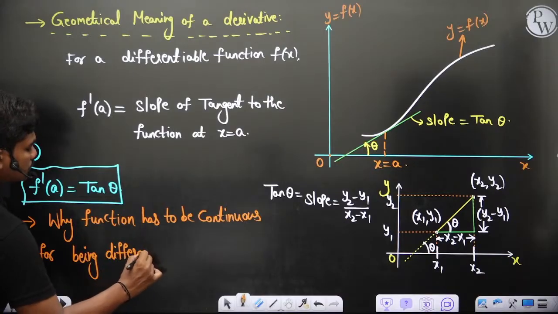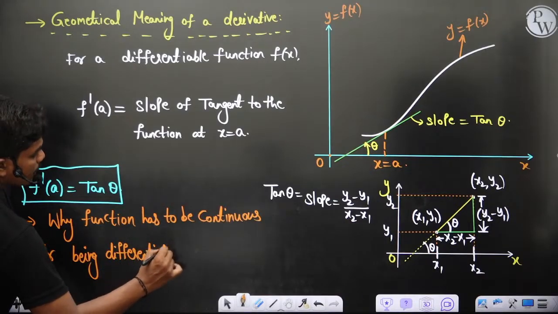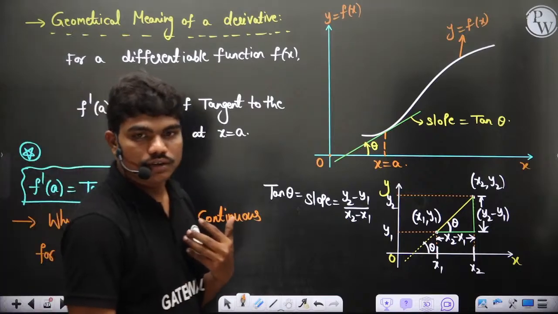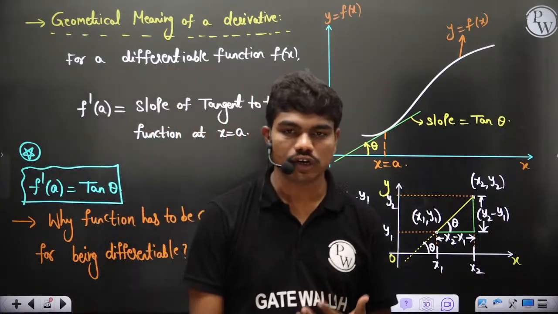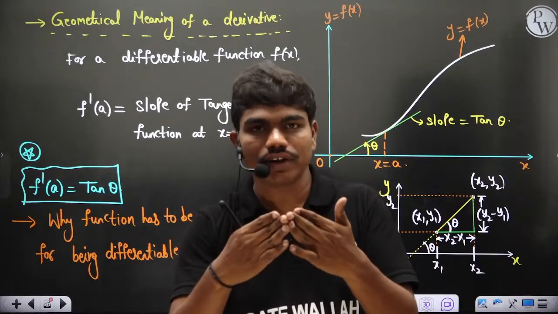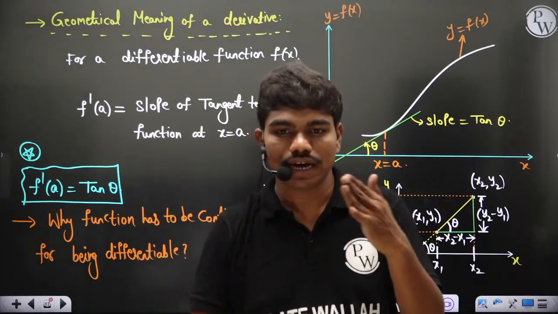If you want to know whether the function is differentiable or not, ultimately at that point you will take a tangent. And if there is a sharp edge, then how do you define a tangent? Basically, you take the right neighborhood and left neighborhood.